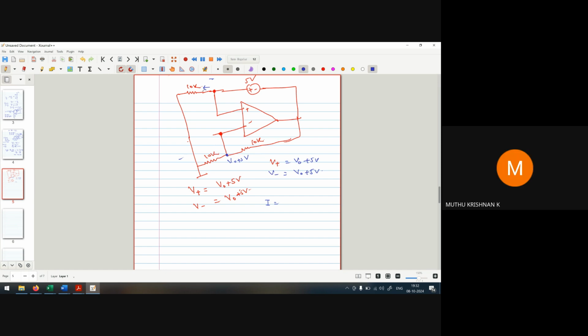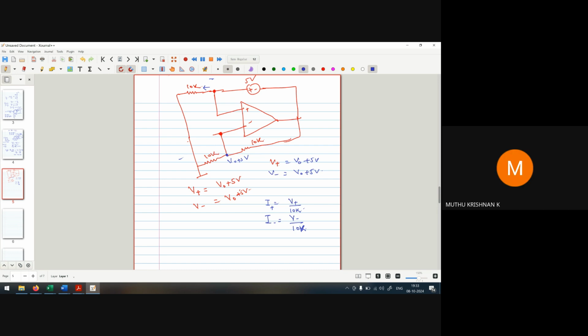Yeah, correct. So we can say the positive current I plus is V plus upon 10K. Similarly, the current I minus is equal to V minus upon 10K.